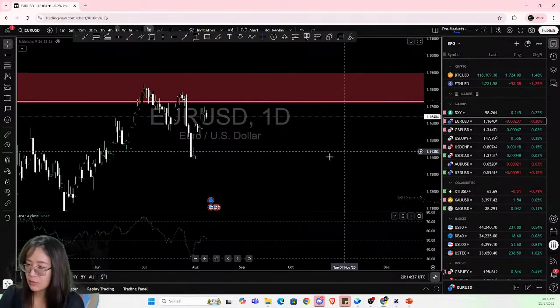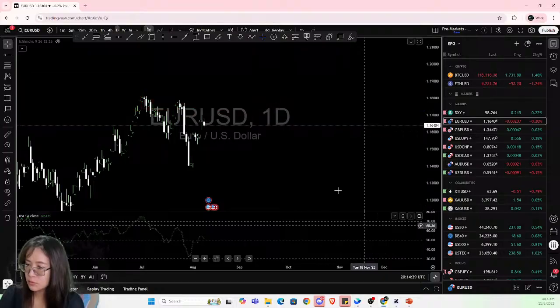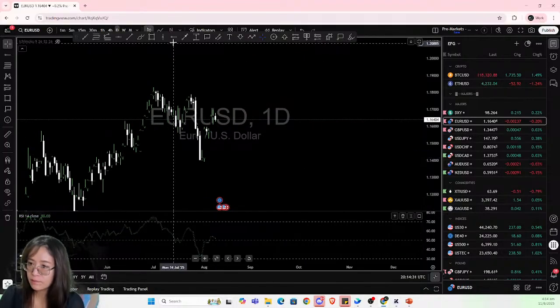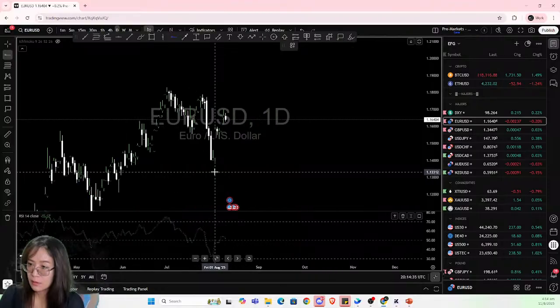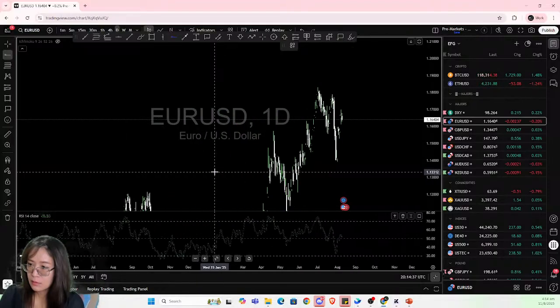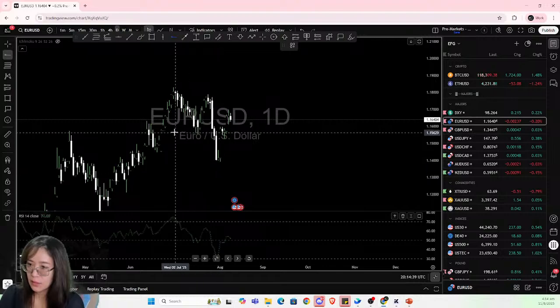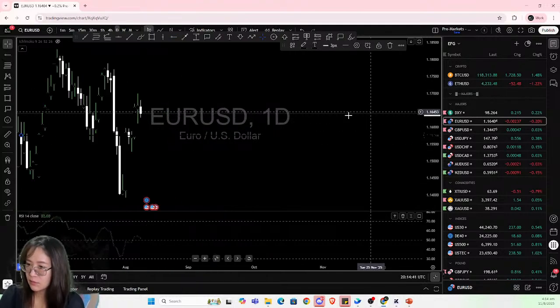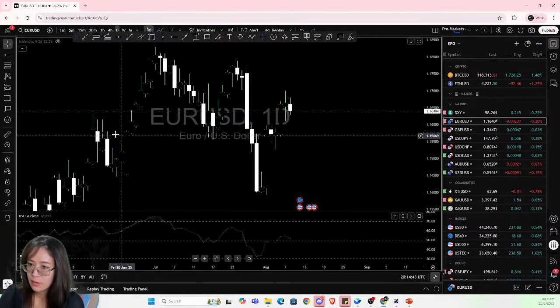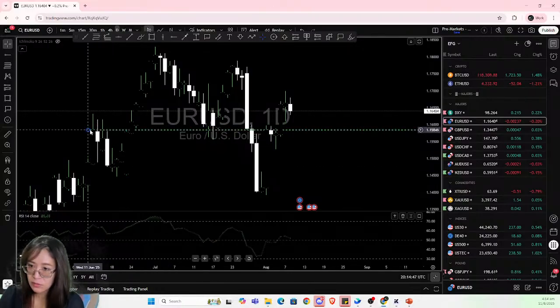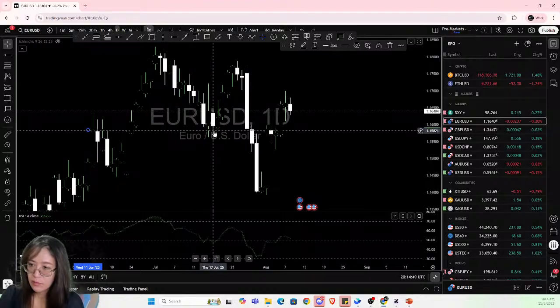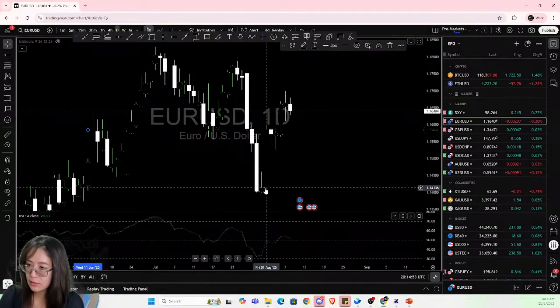Okay, now I will just do the D1 time frame. Where is the key level? Okay, this one is going to be the key level based on the D1. Why I pick this one: if you look on your left, this resistance becomes your overlap support and pulls back again.